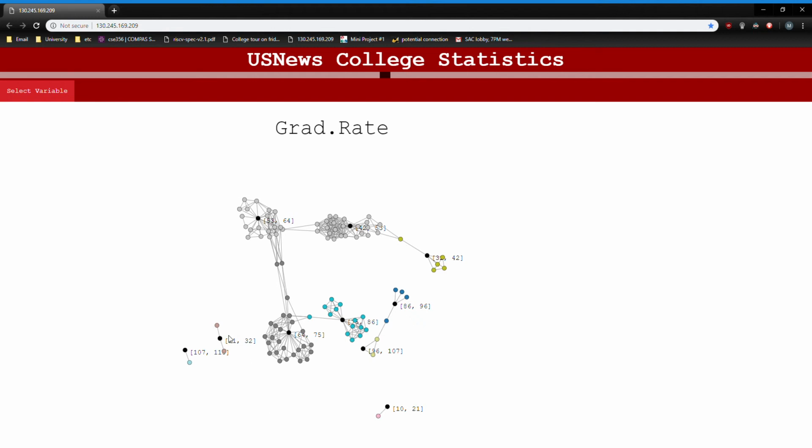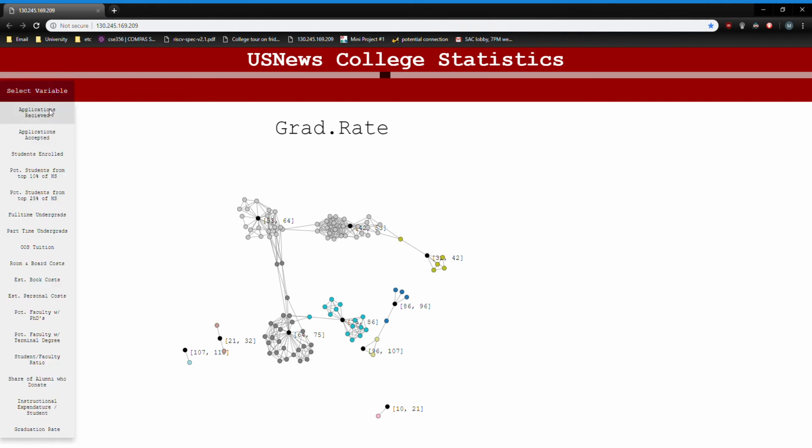They tend not to last very long. This is an above 100% graduation rate. I looked into that. It is actually due to new students enrolling, I believe, because the rate only takes into account freshmen, not transfers. So if you get a lot of transfers, you can get a graduation rate above 100%.